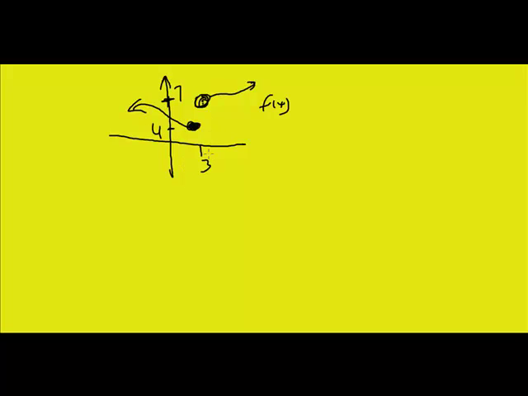So first of all, what is my f of 3? Well, f of 3 is equal to 4. So we're good to go there. We do have a value for that. It exists. Now, what about the limit as x goes to 3 of f of x? Well, that's d and e.